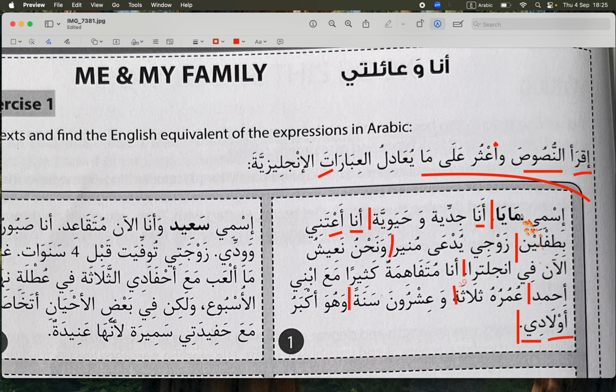It's not going to be an exact word to word match, but look for it.